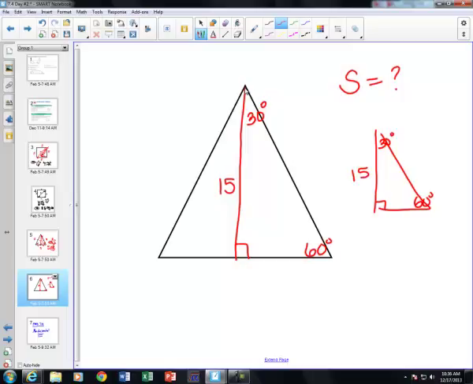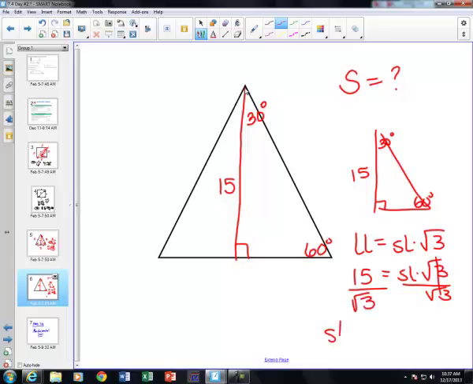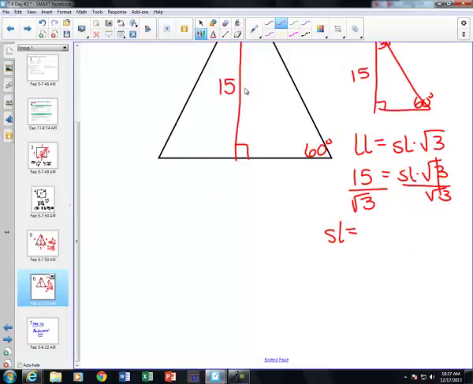This is the long leg across from the 60 degree angle, so let's start with that formula. Long leg equals short leg times root 3. My long leg is 15. We're going to divide by root 3. So the shortcut: take 15 divided by 3, that's 5, and attach root 3.